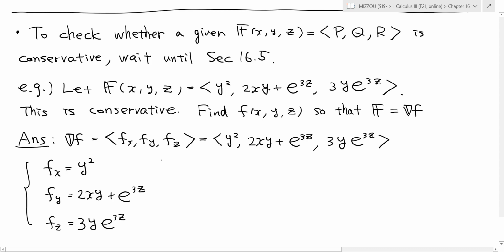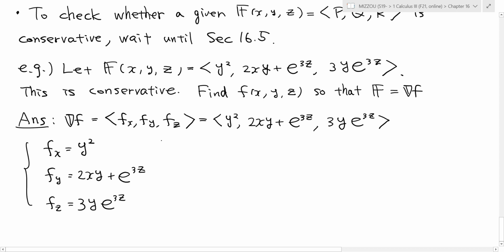Okay, and then by using those three, first of all, from the first one, in order to recover little f from f sub x, which is y squared, what you have to do is to integrate y squared with the variable x.